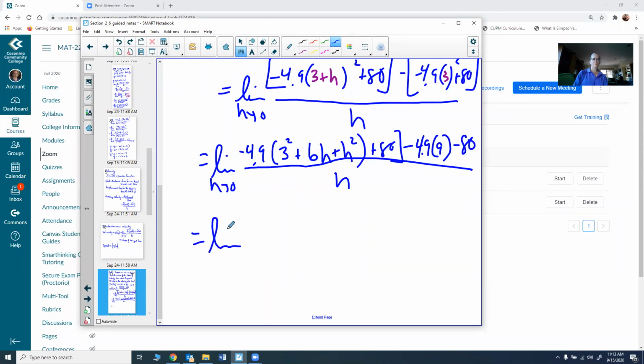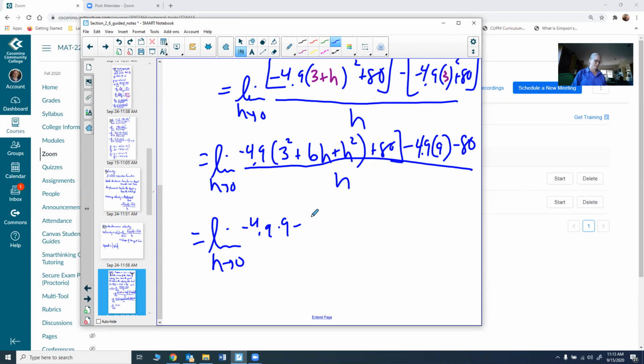And then this will be the limit as h goes to 0 of negative 4.9 times 9 minus 6 times negative 4.9. And that is 9.8? No, it's not. Let's find out what that is.